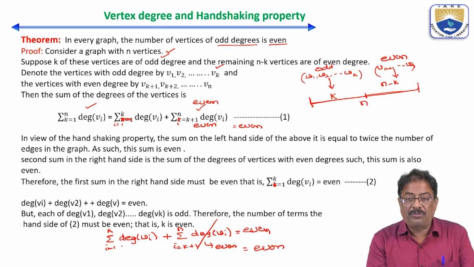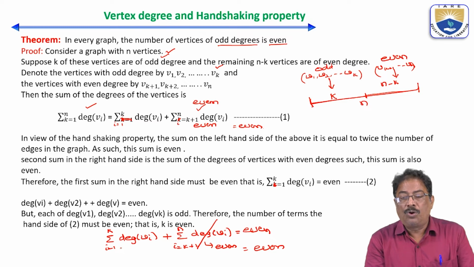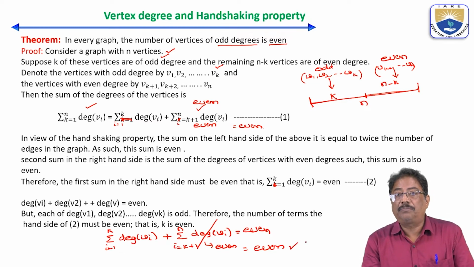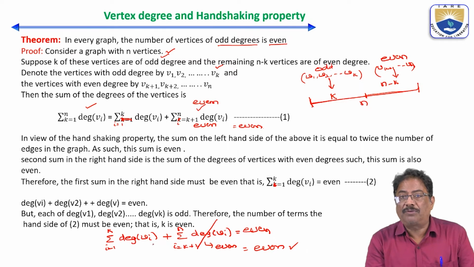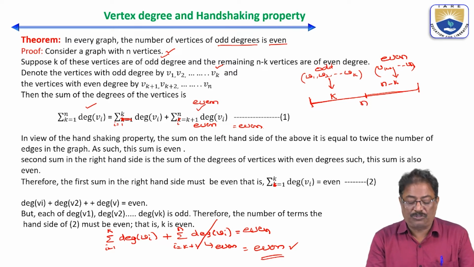So now, the sum of the degrees of the odd degree vertices must be even. When is that possible? Only when the number of vertices is even; otherwise it is not possible. So k should be an even number. If k is odd, then an odd number of odd degrees sums to odd.